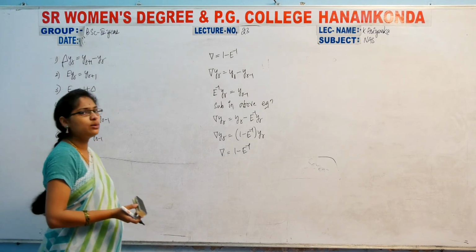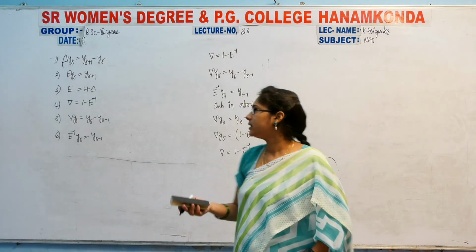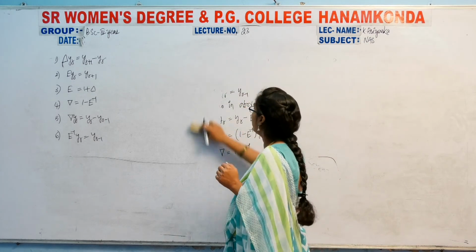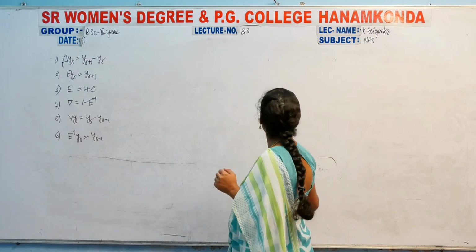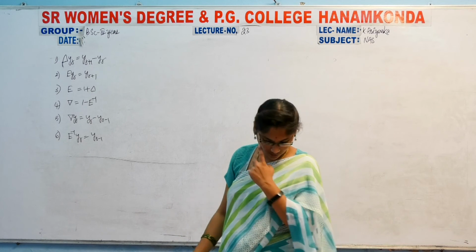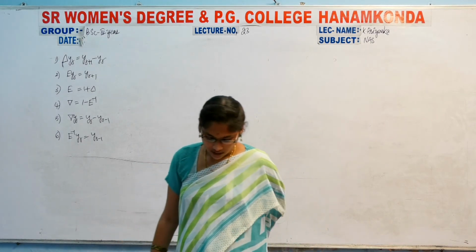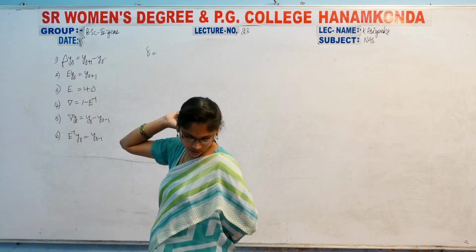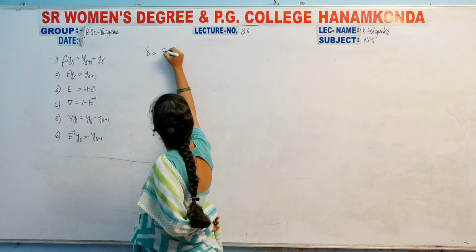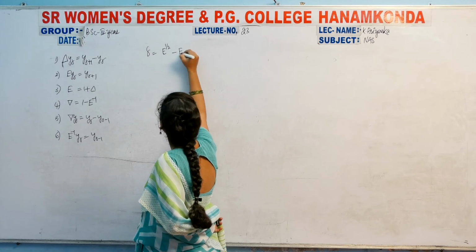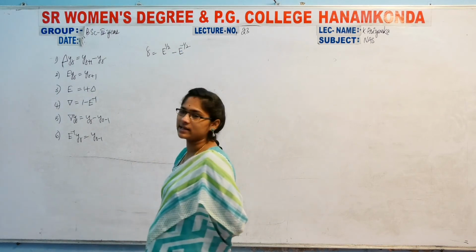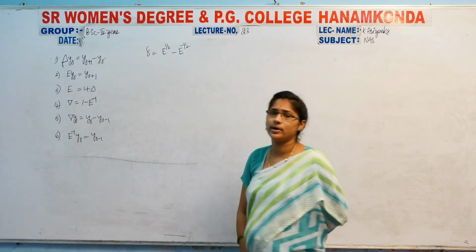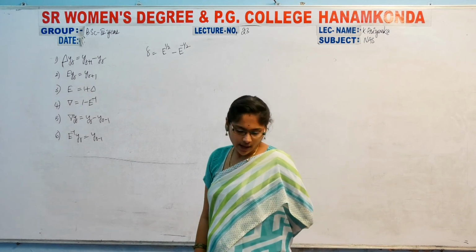Okay, so now here they are asking to prove something about the central difference. So now write down, prove that gamma equal to e power 1 by 2 minus e power minus 1 by 2. Actually E is nothing but a shift operator. Now write down.